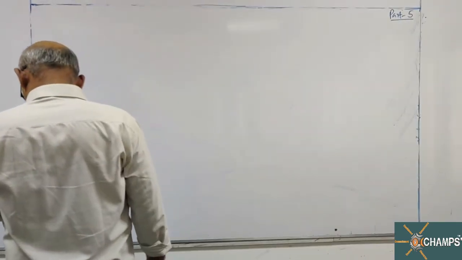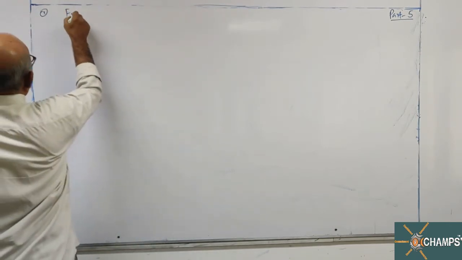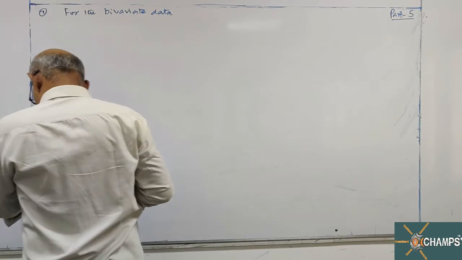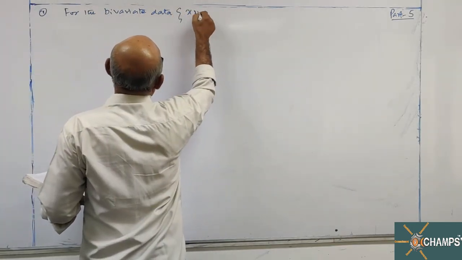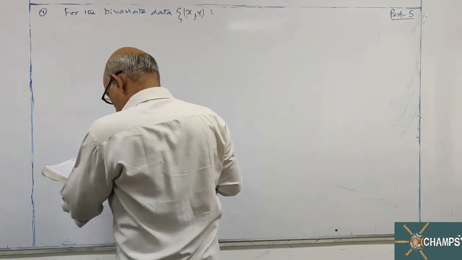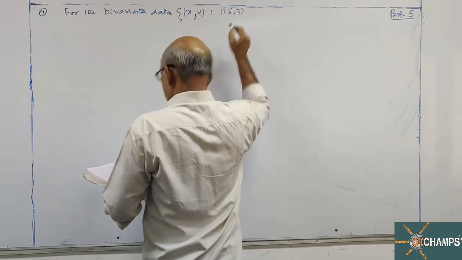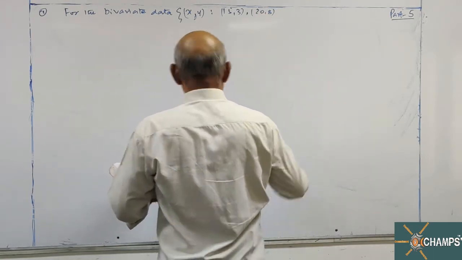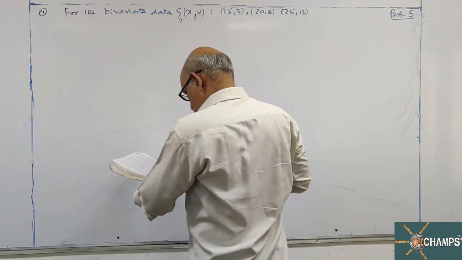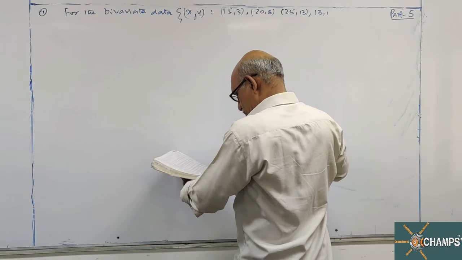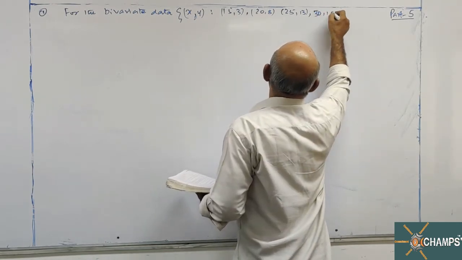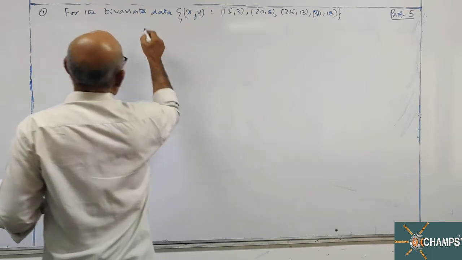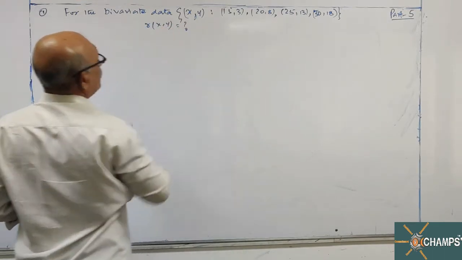Let us see the problems for the bivariate data. R of x comma y is equal to question mark.